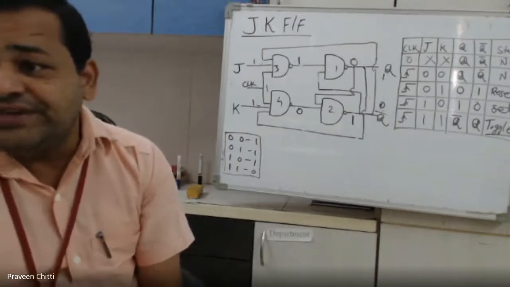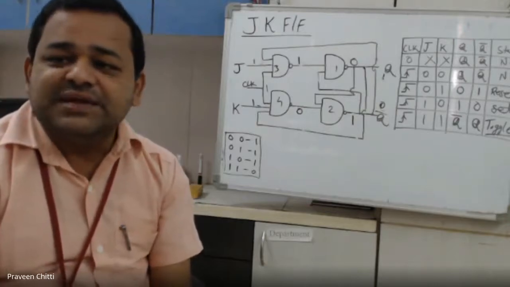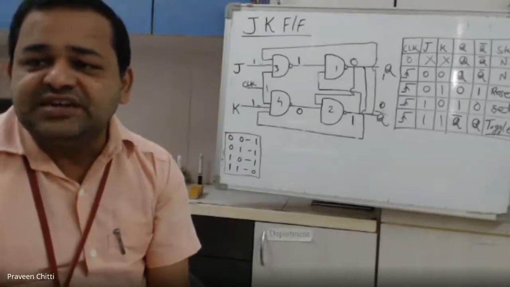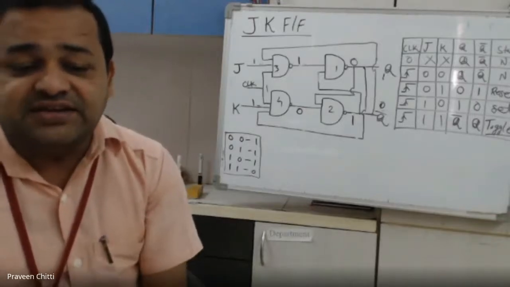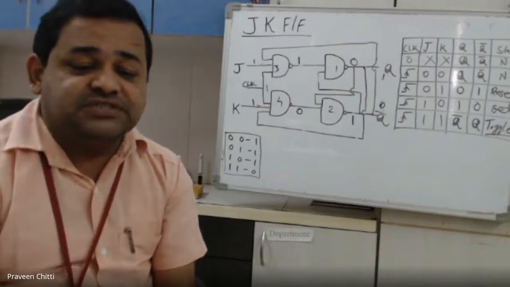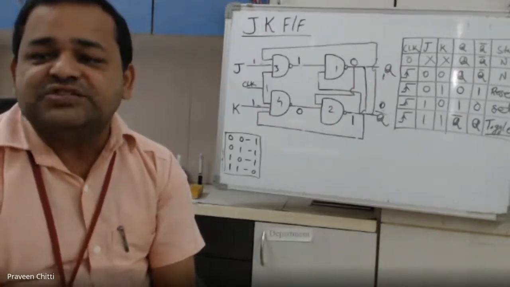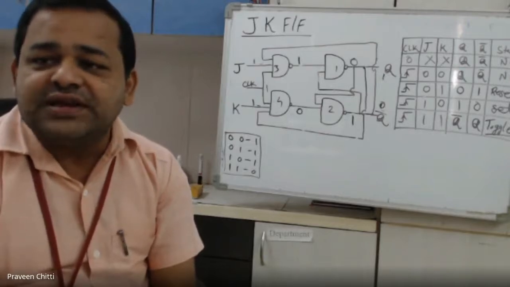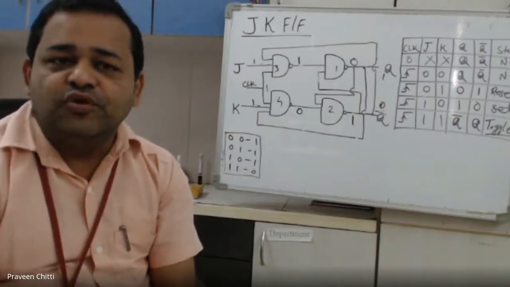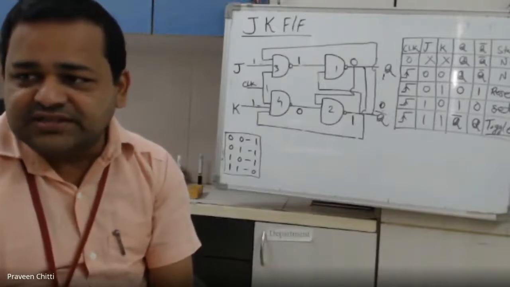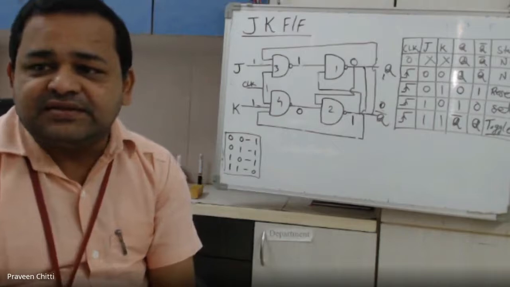But since there are two edges in a single clock cycle, sometimes it may toggle more than once in a single clock cycle. Toggling more than once in a single clock cycle is called the race around condition.